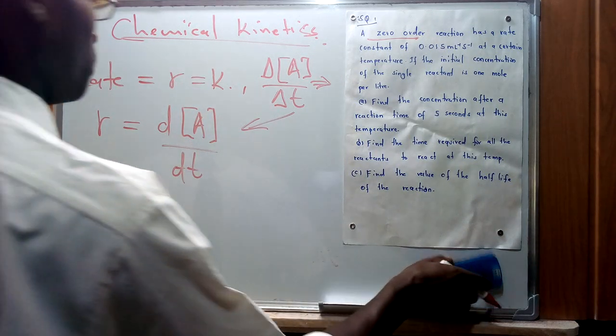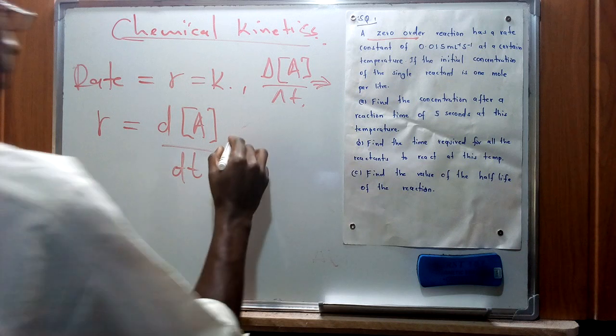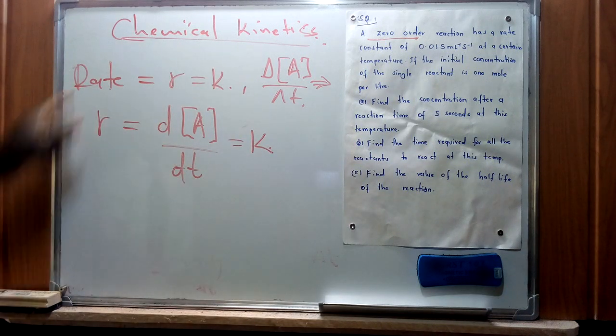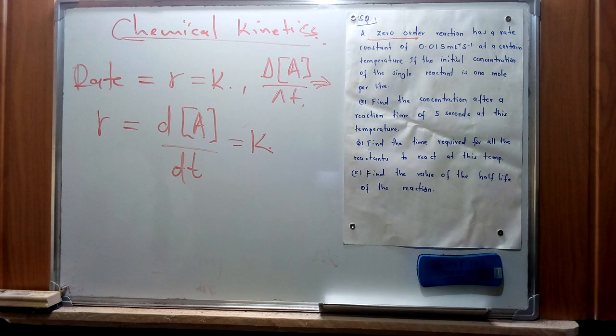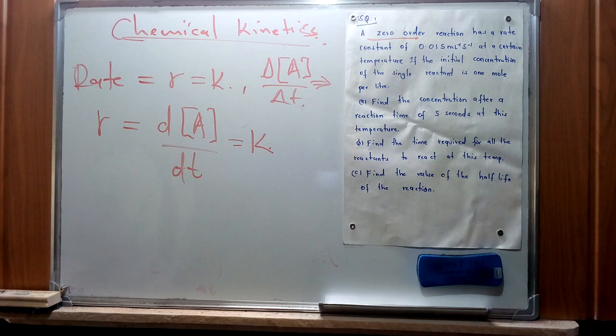So this form of an equation is going to give us a constant from the relationship of the first equation that we had given for rate. So we're going to describe this equation in the form of an integral, which is going to describe for us the nature of this rate of reaction, which is a zero order reaction.